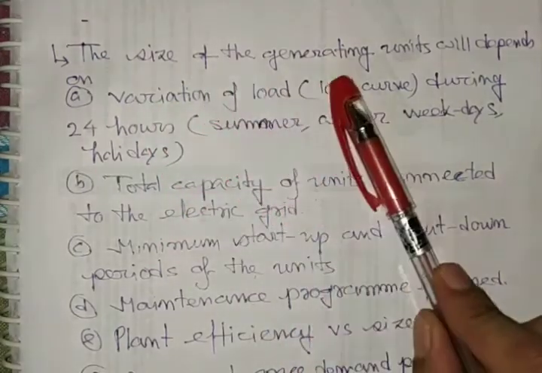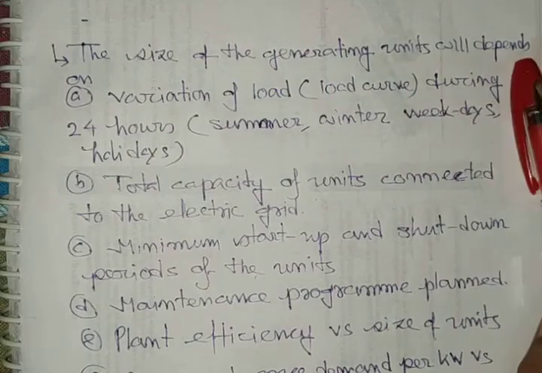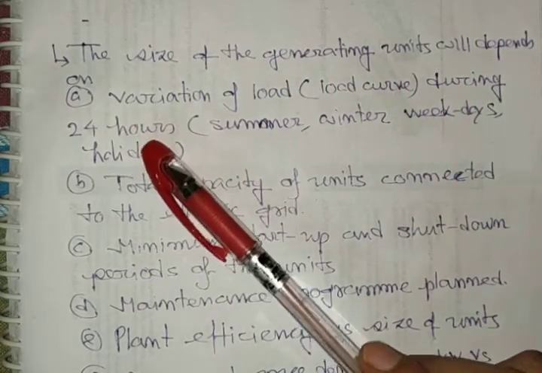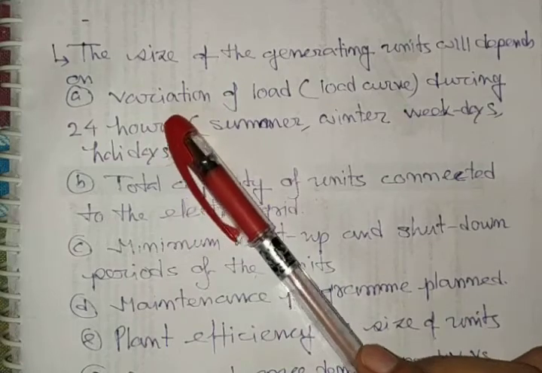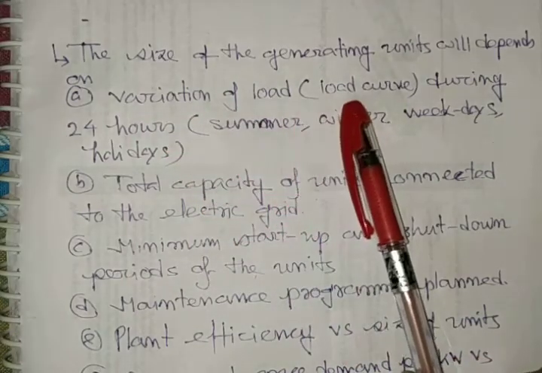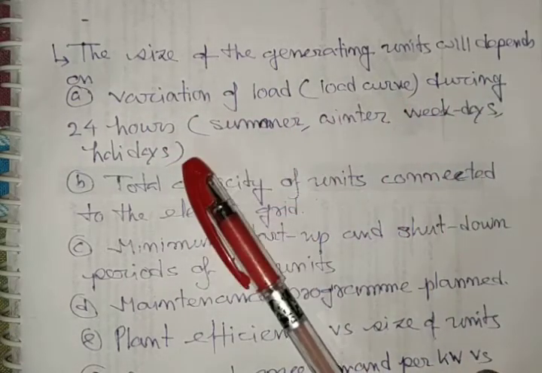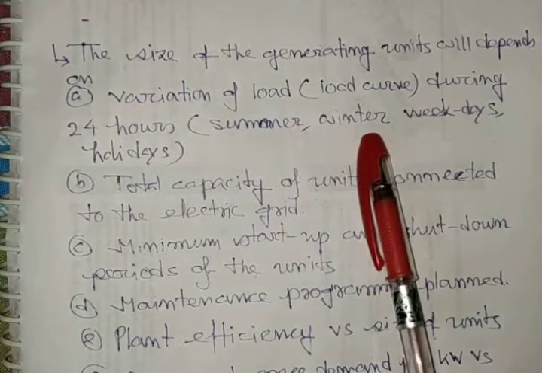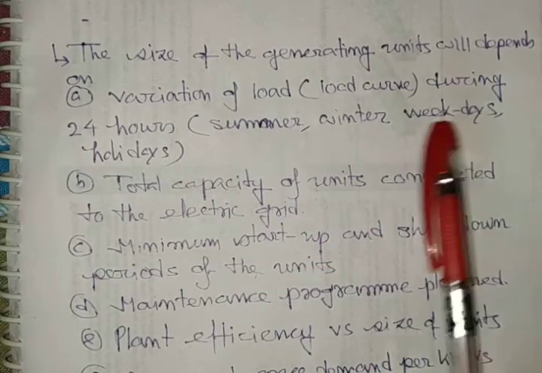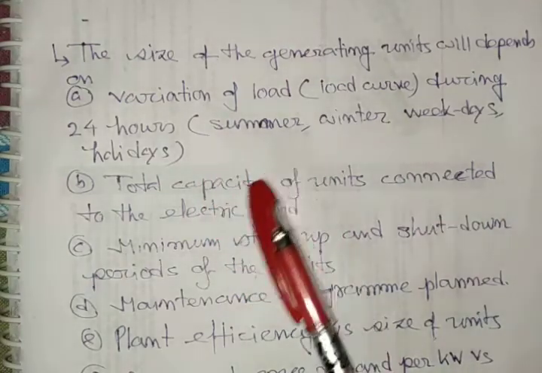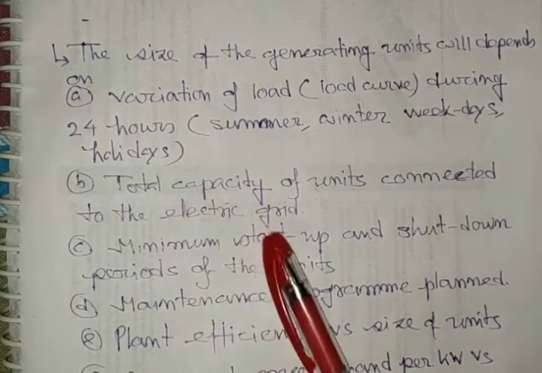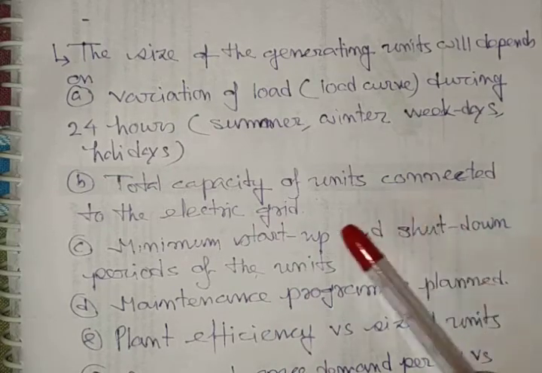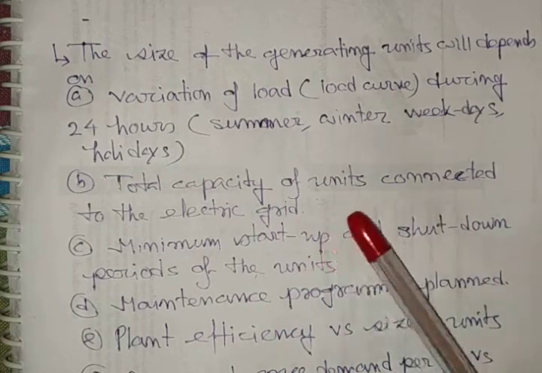The size of the generating unit will depend on: number A, variation of load, that is the load curve during 24 hours, like in summer, in winter, on weekdays, on holidays. Number B, total capacity of a unit connected to the electric grid.